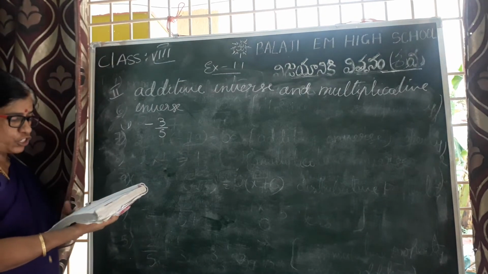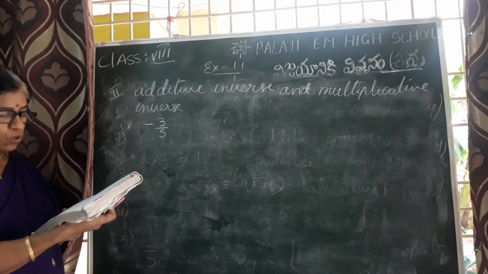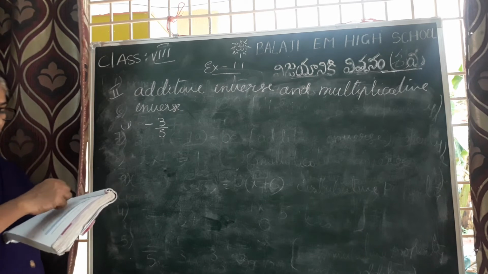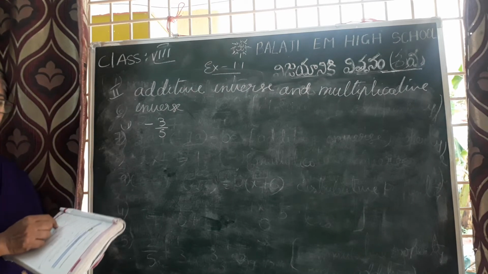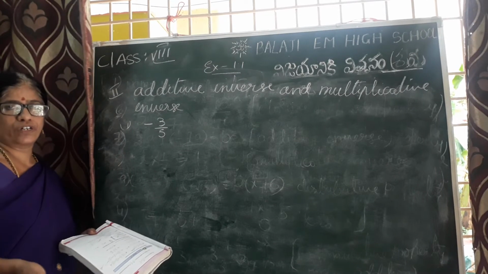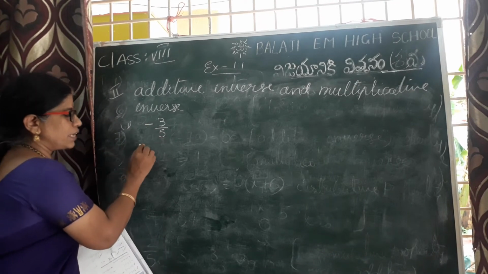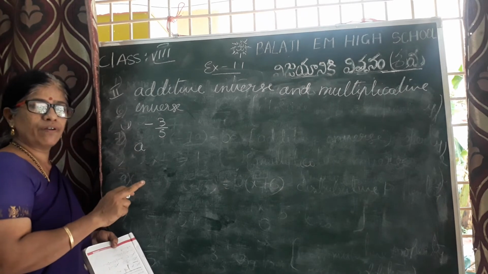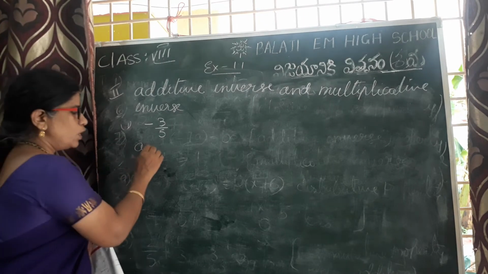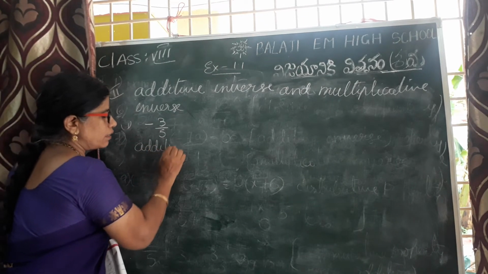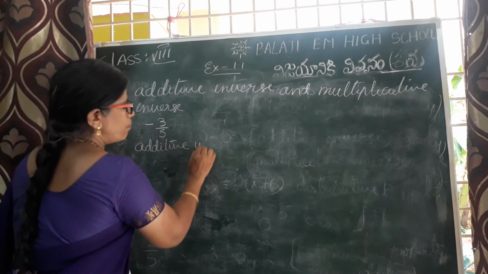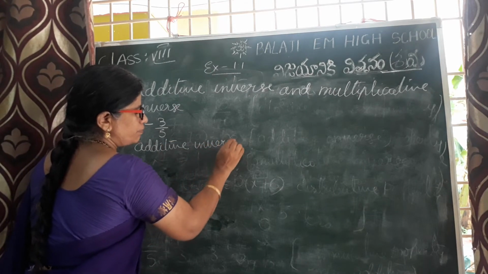Five questions are there. I will explain two of the questions now, and the remaining questions I will give to you in the worksheet, and you have to complete it. So additive inverse of minus 3 by 5 and multiplicative inverse of minus 3 by 5. First let us write the additive inverse of minus 3 by 5.